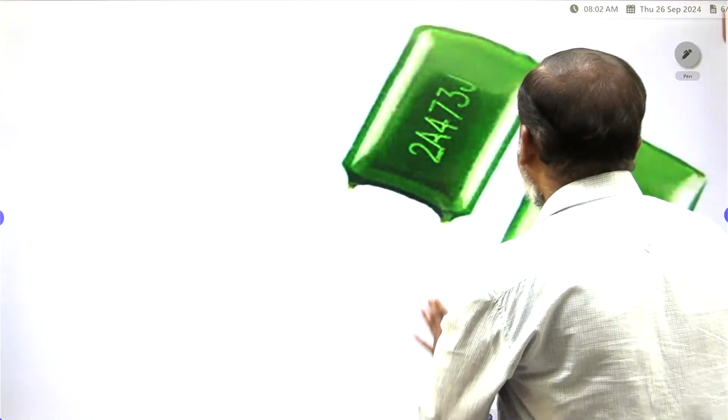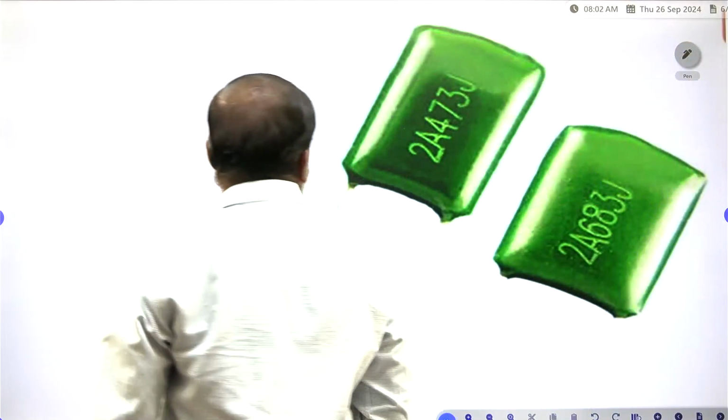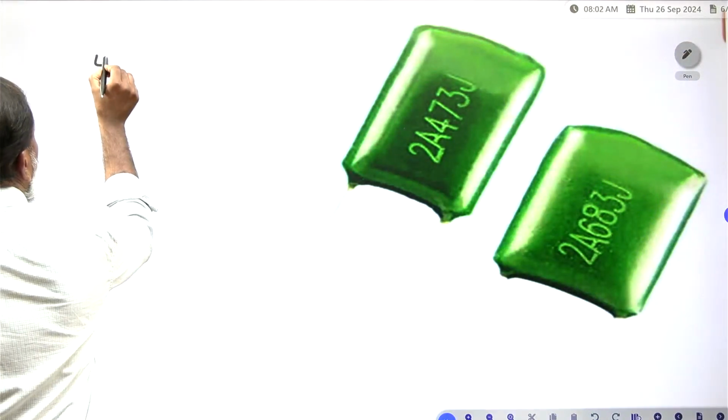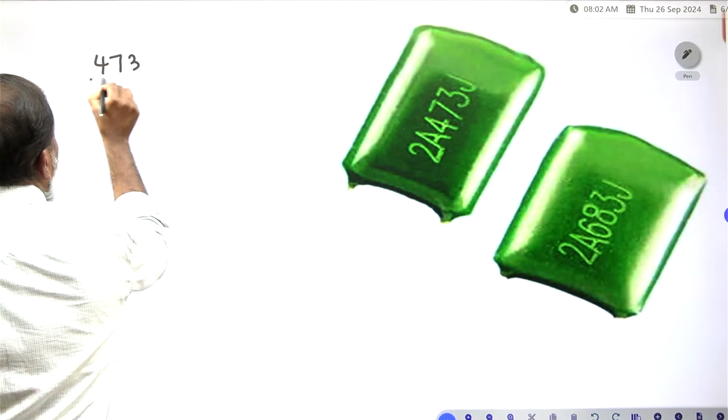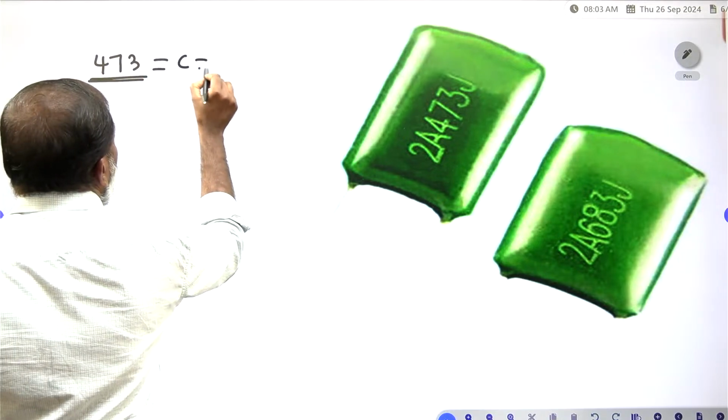Now once you take 2AJ, 473 is there. How much capacitance do we need to calculate? C is equal to how much?